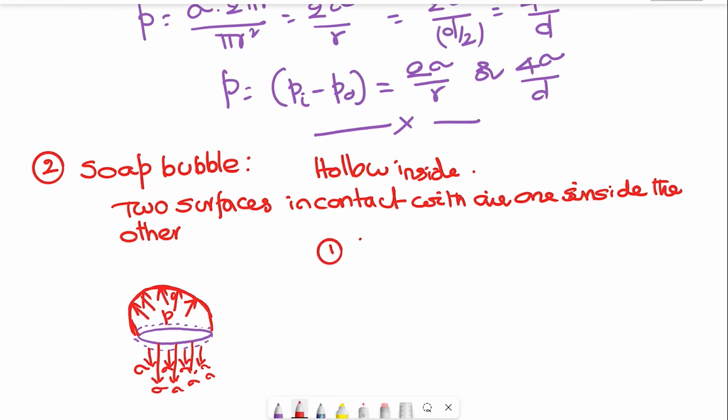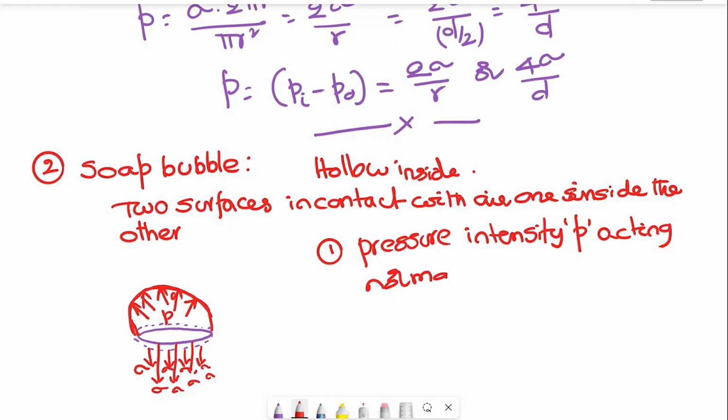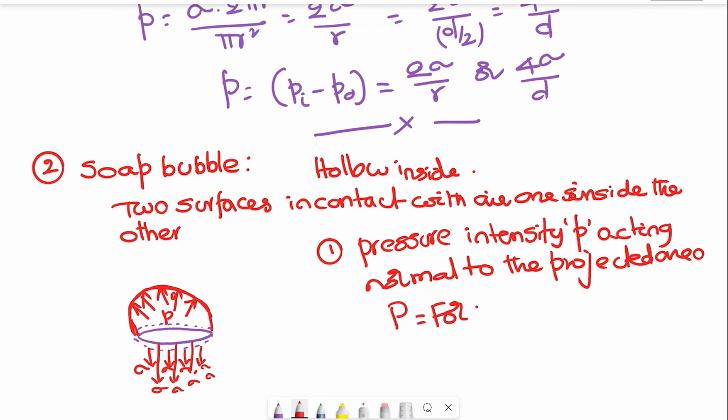First one is the pressure intensity P, acting normal to the projected area, and that pressure force is equal to P into pi r square, because it is always area.